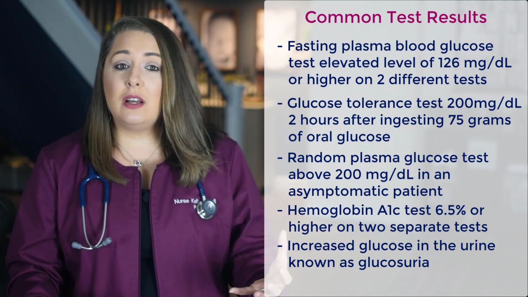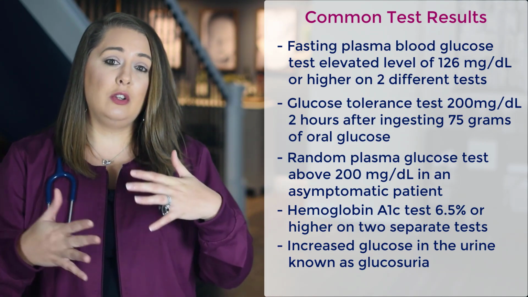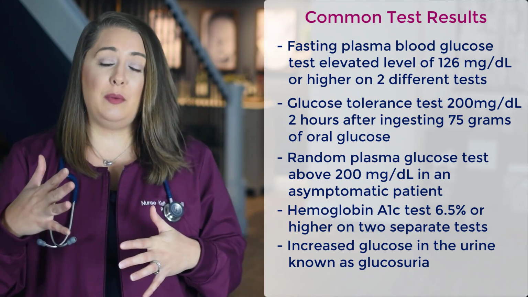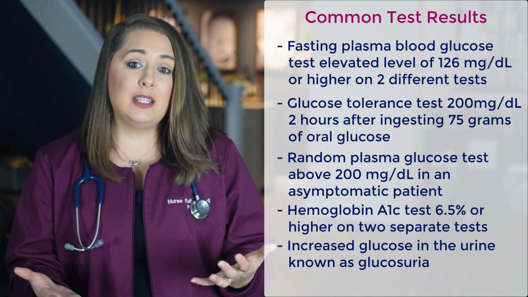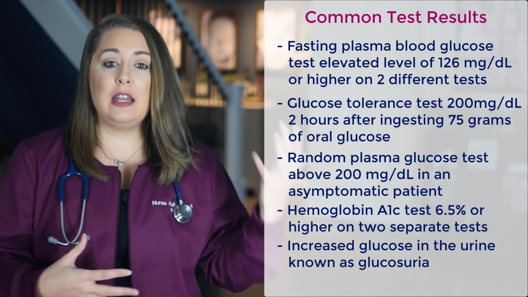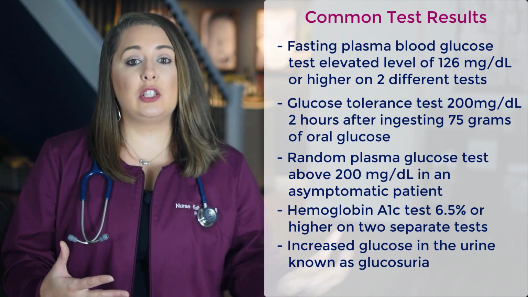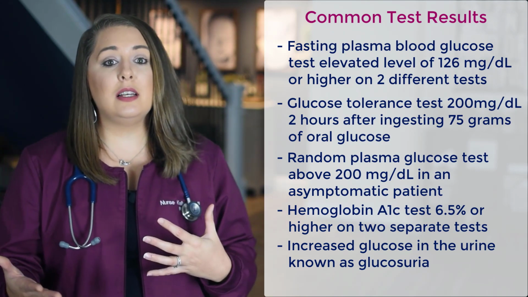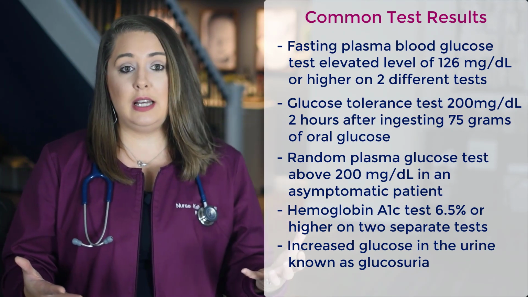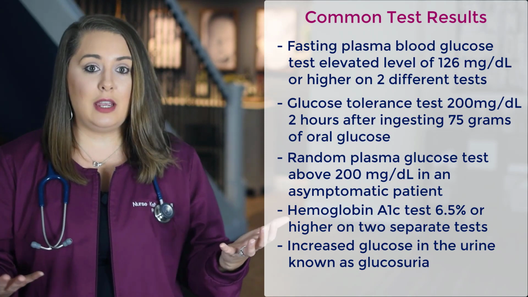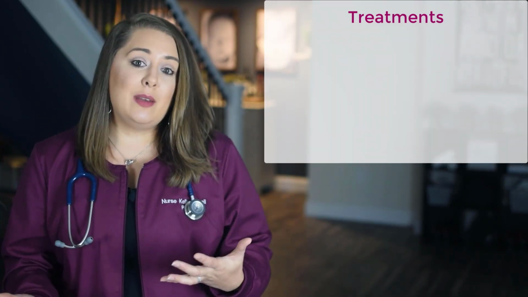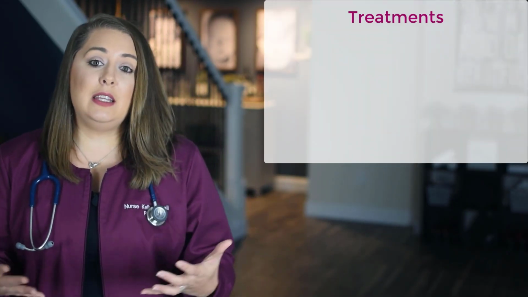Again, this is not always a reliable test because the threshold of glucose in the kidneys varies from patient to patient. So once a certain glucose level is reached in the blood, then the kidneys will start allowing more glucose to filter through and be excreted into the urine. So again, this test will be used along with the other tests that I had just talked about to make a final diagnosis.